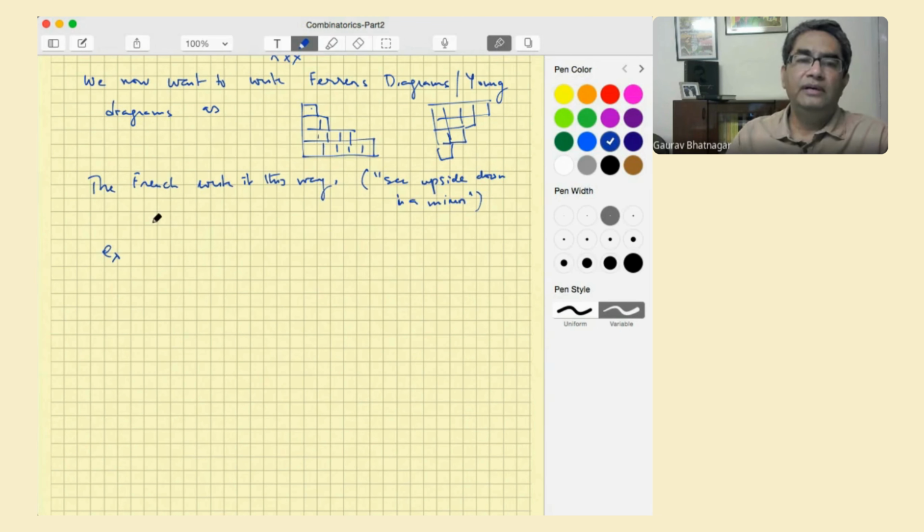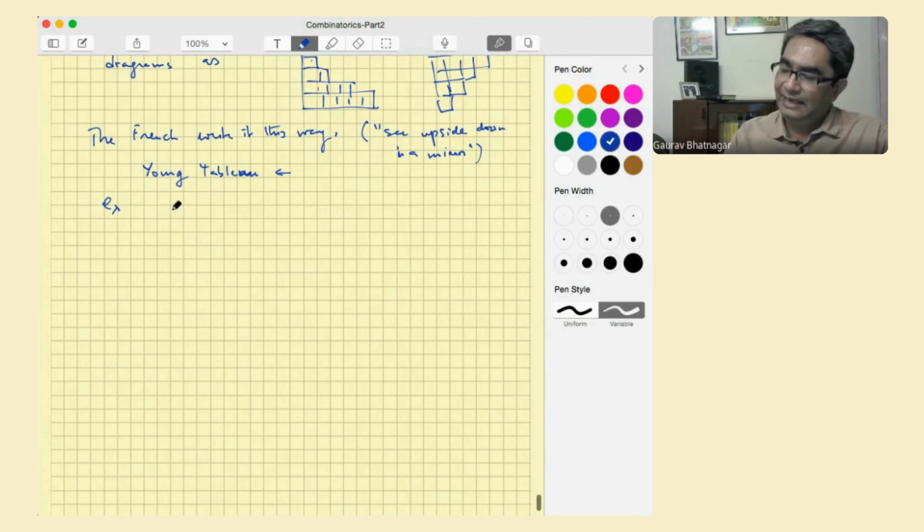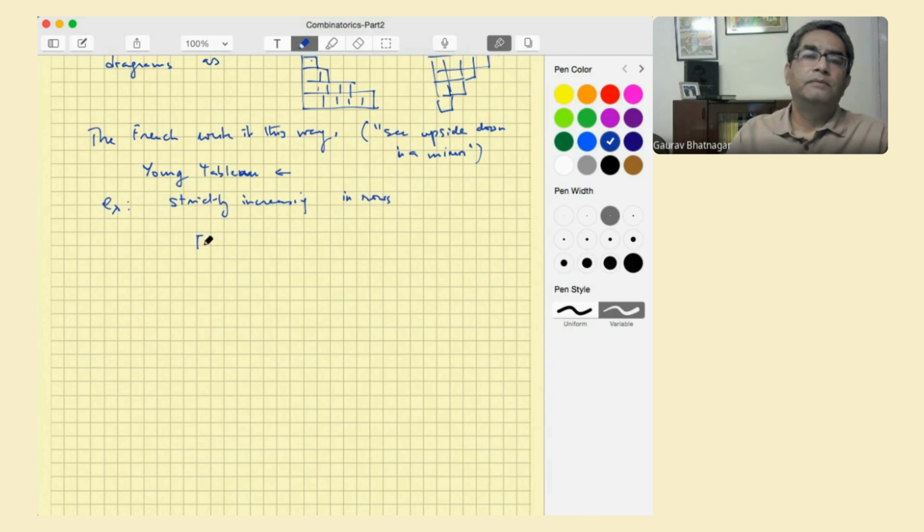It's called a Young tableau. A Young tableau is something where you put numbers in this kind of shape. And E lambda, we saw, has strictly increasing numbers in the rows.